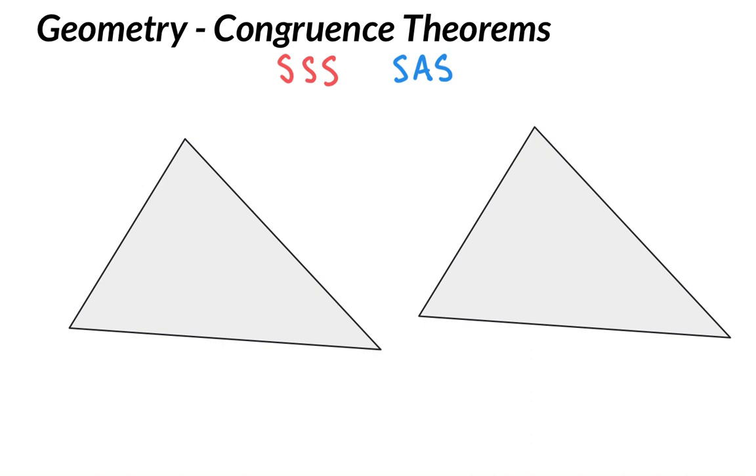We have angle, angle, side. So this is where we have two pairs of angles that are congruent, like that, and then a side that's congruent. Now this is important because I hope it's obvious from our other work in geometry that if you know these two angles, you can find this one because they must add up to 180.